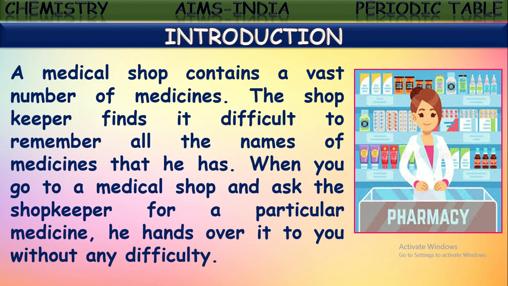Whenever you go to a medical shop, you observe that there are different lots of tablets, syrups, injections, cosmetics, all will be there, isn't it? But when you ask for a particular tablet, immediately the shopkeeper will go, collect it from that box and hand it over to you without any difficulty.